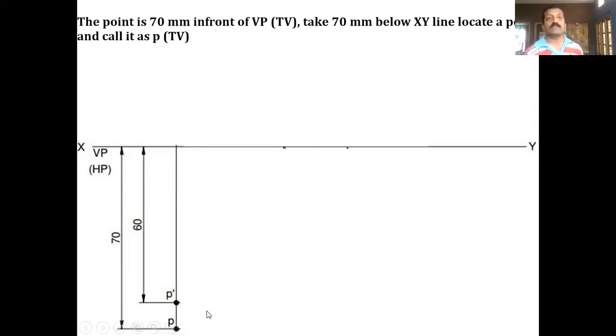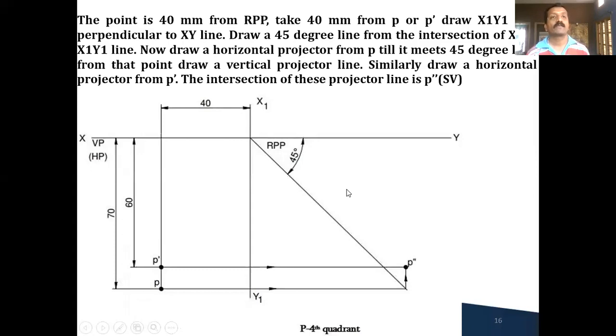For the side view, what is the information he has given? The point is 40 millimeter from RPP. Why is the distance always given with respect to RPP? It's very simple, because you draw the XY line and you start the front view and top view from the left side. If the LPP distance is given, you should start from the right side somewhere, since LPP distance is always taken on the left side.